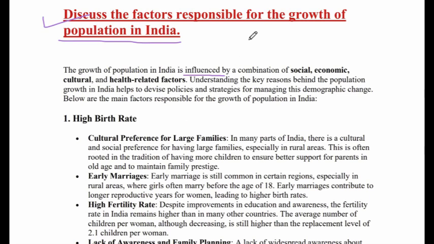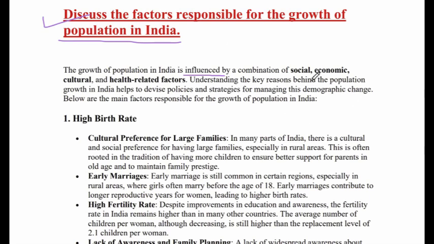I've covered the growth of population in my earlier videos also, not specifically for India but in general, and it was not a detailed focus on all the factors. So we are going to go through this one at a time. The growth of population in India is influenced by three or four main factors, basically combinations of these.